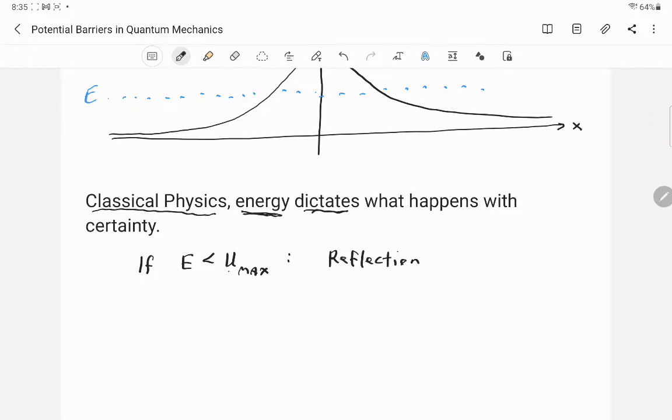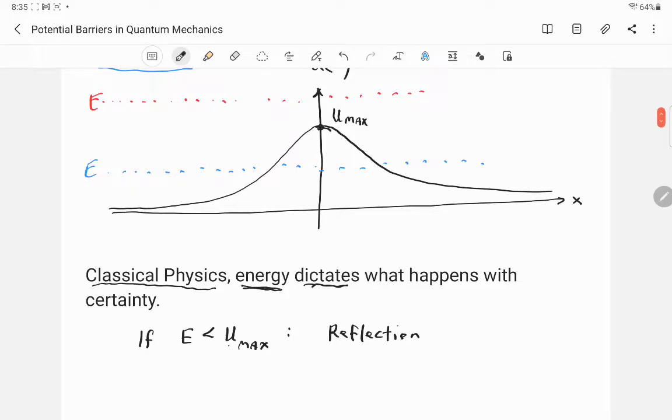reflection to happen, which means our particle is going to get closer and closer to this position here, but as it does so, it slows down because its kinetic energy is decreasing and its potential is increasing. At some point, all of its energy is purely potential energy. Its kinetic energy has gone to zero. And because of the shape of this potential, the force on the particle is backwards.